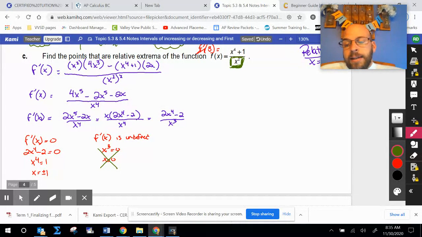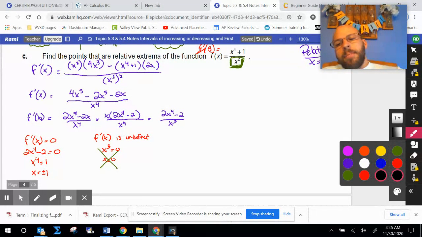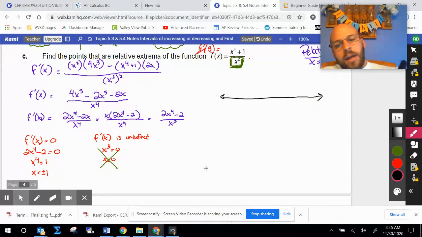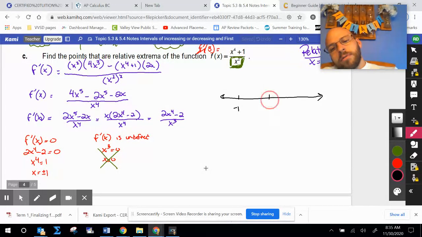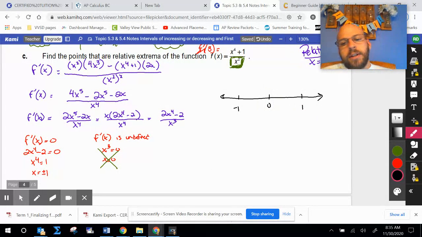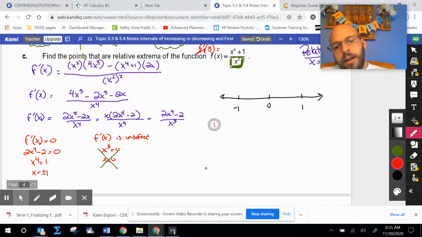Now, if you don't see that, that's okay. It would come out when you try to find the maximum and minimum anyway, right? But what I am going to do is on my number line, I'm going to put a -1. I'm still putting the 0 because there's an asymptote there, and a +1. And I'm going to test around those points. Now, in the derivative, again, I always check in the derivative.